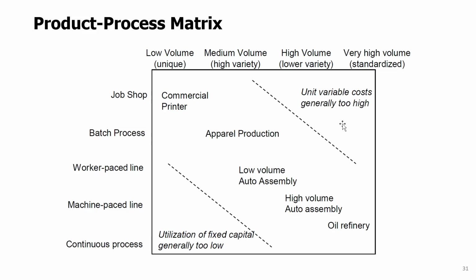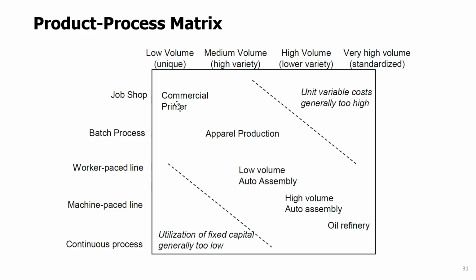And one more thing I want to add is why these corners are not attractive options. In this option, you have a very high volume, but if you use equipment that allows you to produce a large variety, then it wouldn't make sense from a cost perspective. For example, if you have custom furniture, you make it in a job shop, and then every piece of custom-made furniture will be very expensive.